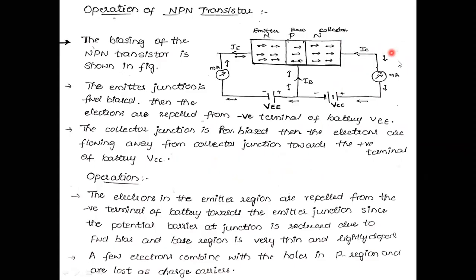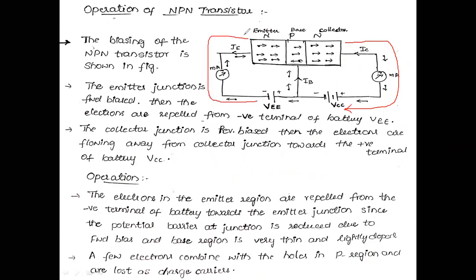That means the electrons flowing in this direction enter the positive terminal of VCC, and leave from the negative terminal of VEE, and flow in this direction.